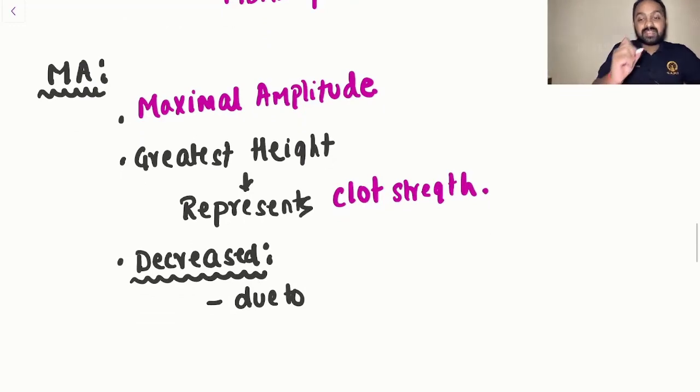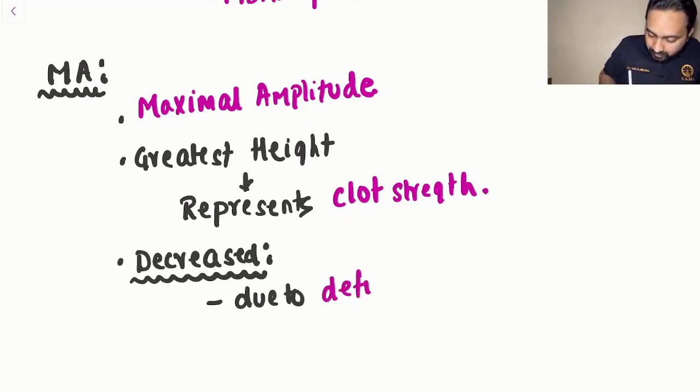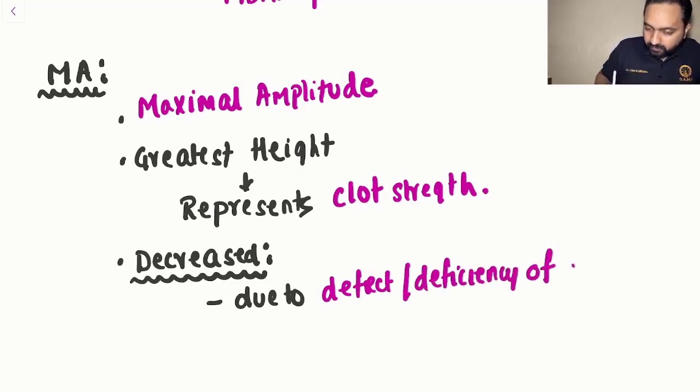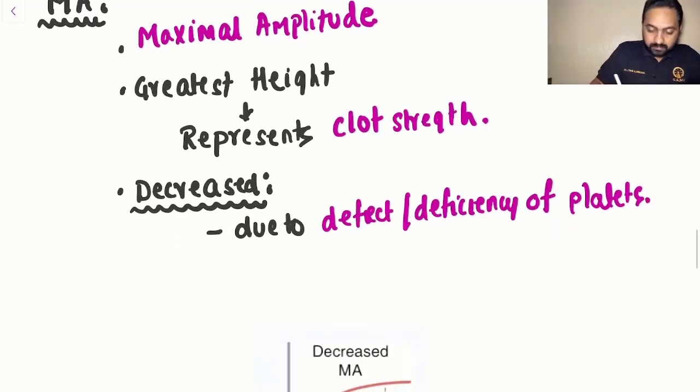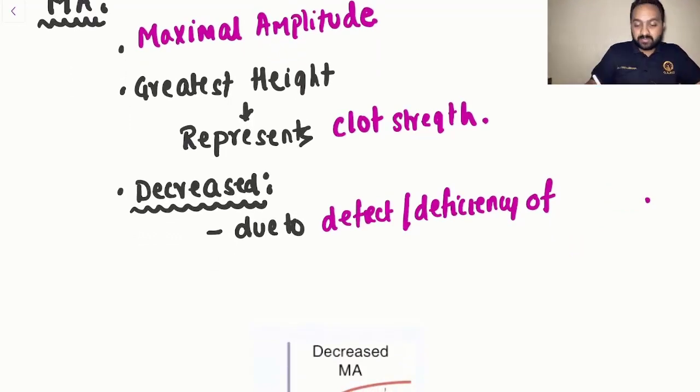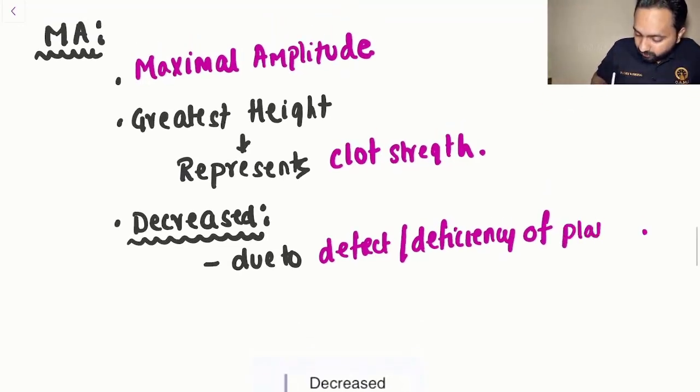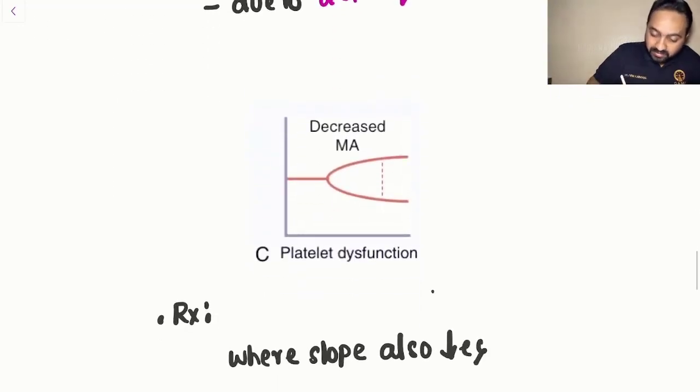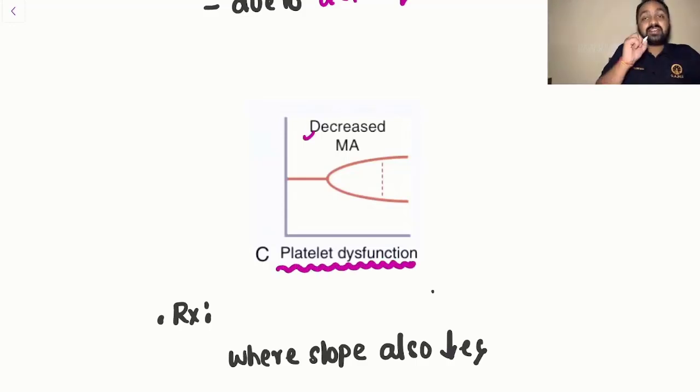Now this is decreased due to your defect or deficiency of platelets, right? So the MA is decreased due to the defect or the deficiency of your platelets. So if you see over here, this decreased MA is because of your platelet dysfunction.